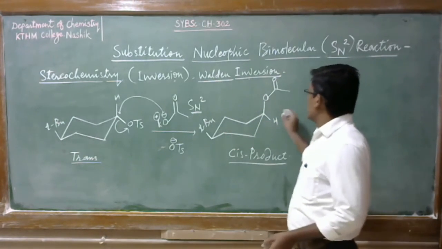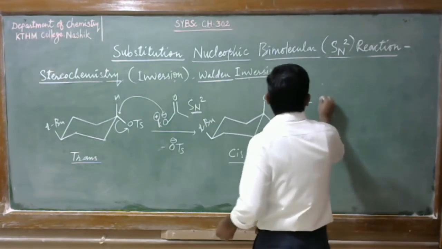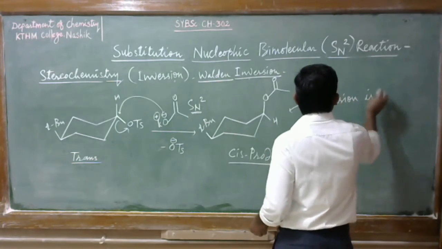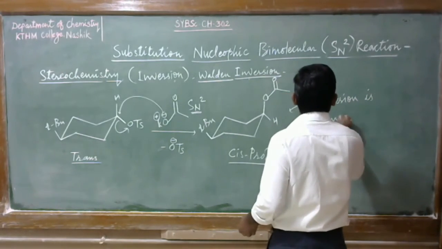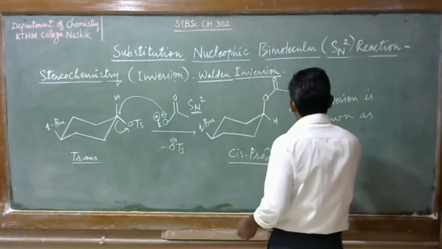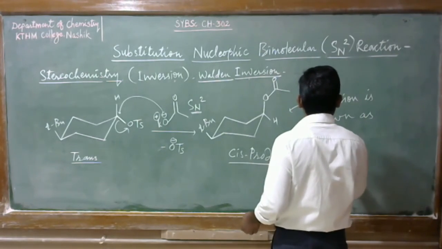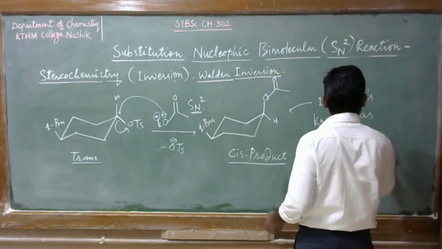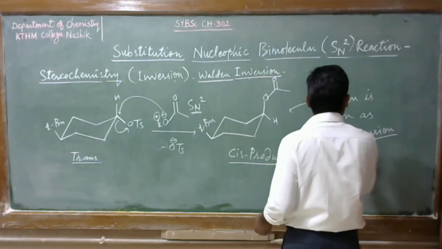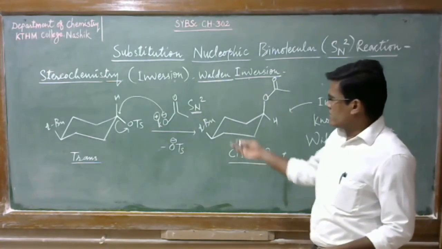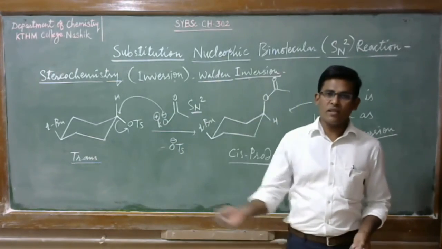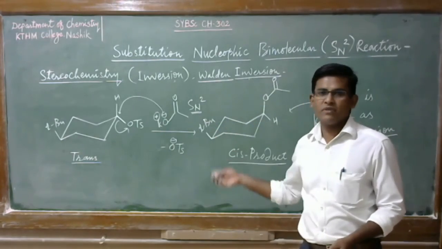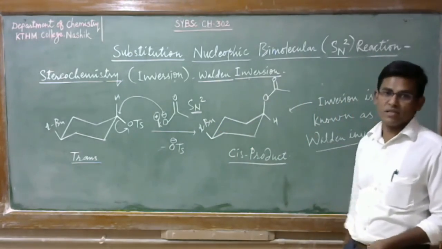This inversion is known as Walden inversion. The acetate anion approaches from the back side of the tosylate, and the tosylate departs, so that we get this inversion product.